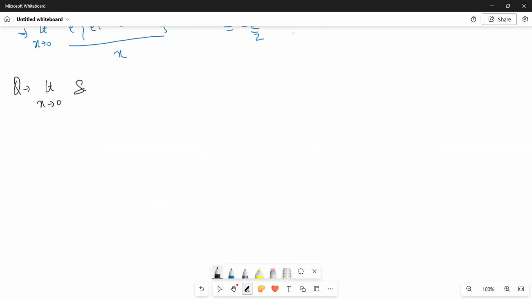Limit x tending to 0, sine of pi cos square x divided by x square.